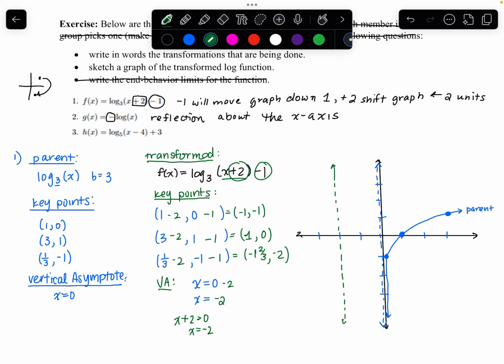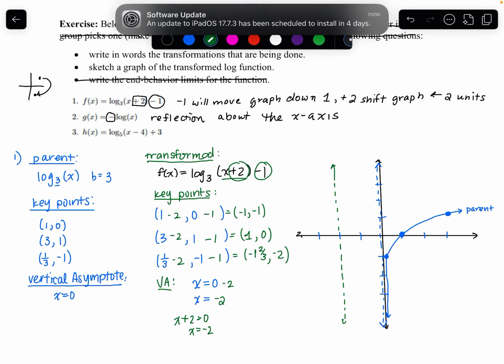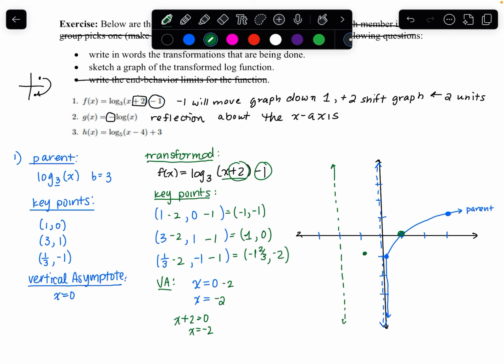So I have the point, we got negative 1, negative 1. 1, 0, kind of in that same spot. And then, negative 1 and 2/3, negative 2. I'm just going to draw a rough point in the general area. Not looking for perfection here. Get that standard shape and be sure not to cross that vertical asymptote. And there's your transformed graph.